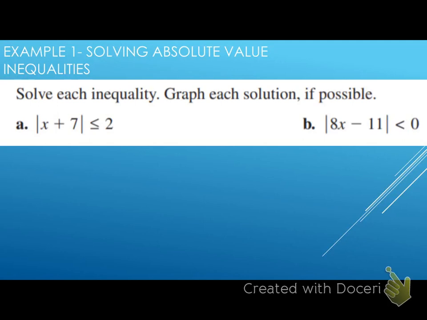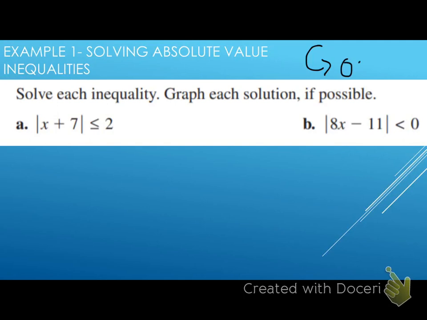First off, is our absolute value completely by itself on one side of the inequality? Yes. No addition, subtraction, multiplication, or division outside the bars. Check. Is our C value greater than 0? Yes. So that means I can set up my two inequalities and I can decide if it's and or.